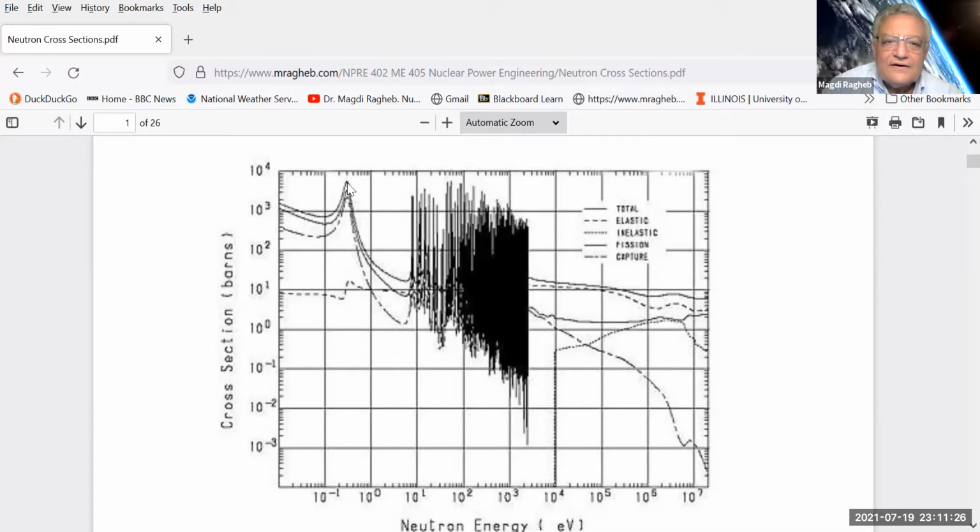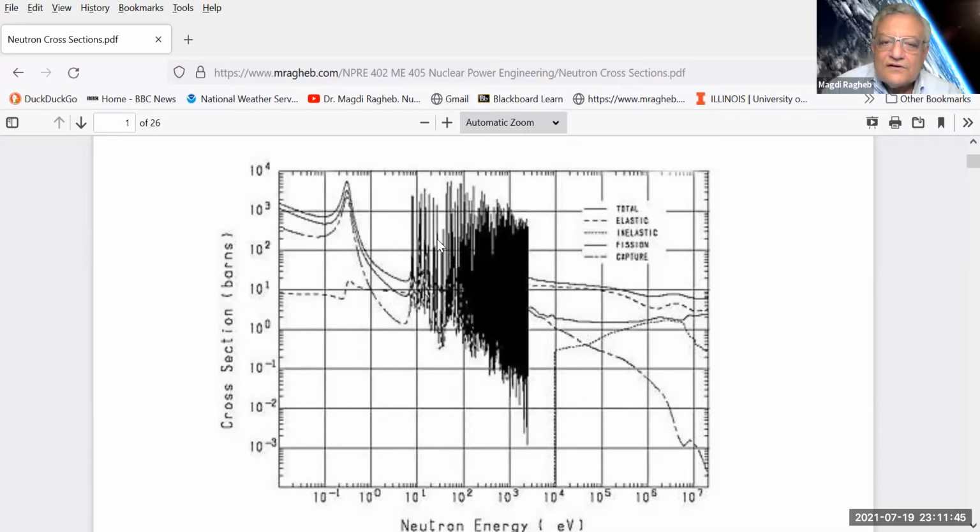This is not the only resonance in the cross-section where the cross-section reaches a very high value. You notice these are all different resonances in the range of 10 electron volt to 1 kilo electron volt, or 1,000 electron volt. This is called the resonance region.